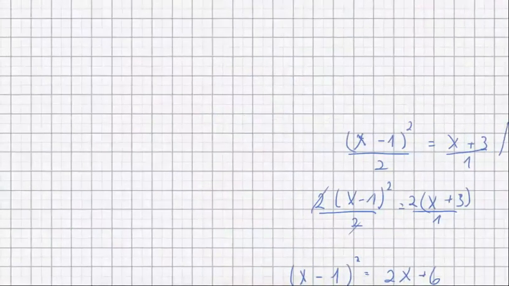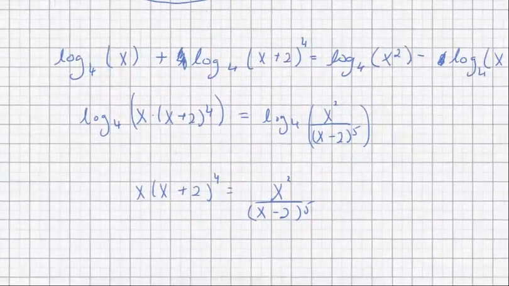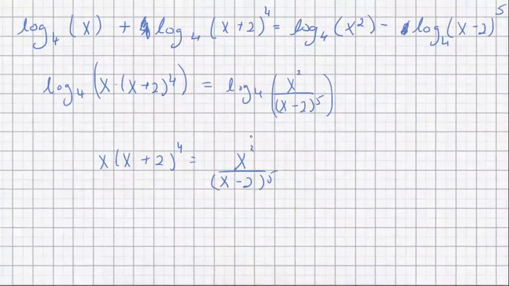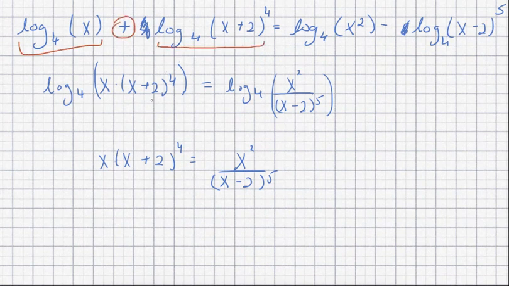Let's say we have all the log here, this plus this one. You know that you can use this equation, but if you remember before, we had the number 4 here, so we couldn't do it. So let's say you forgot about it and used this rule and didn't notice the 4.